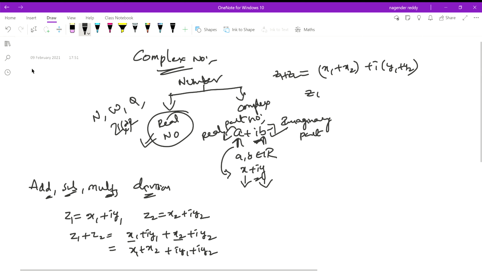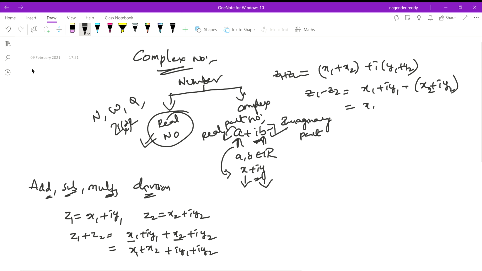We'll go for z1 minus z2, that is x1 plus iy1 minus of, you should compulsorily use a bracket because this minus belongs to all of it. Why are we not using a bracket in the addition? Because plus is plus, both have plus, but here we have minus, so compulsorily we should use the bracket around x2 plus iy2.